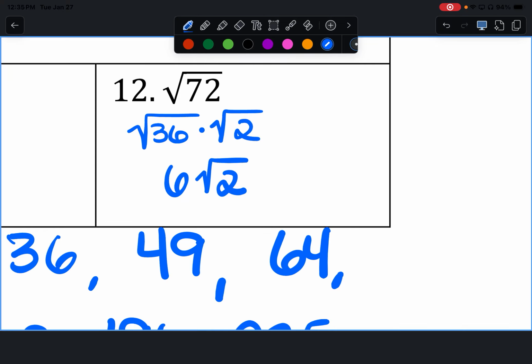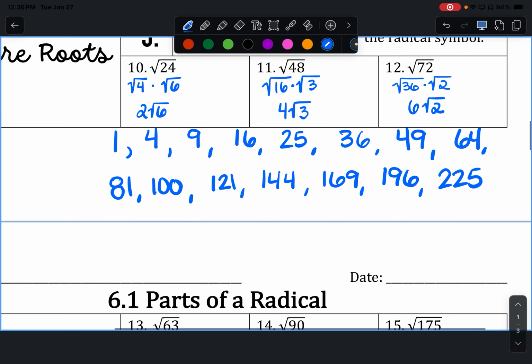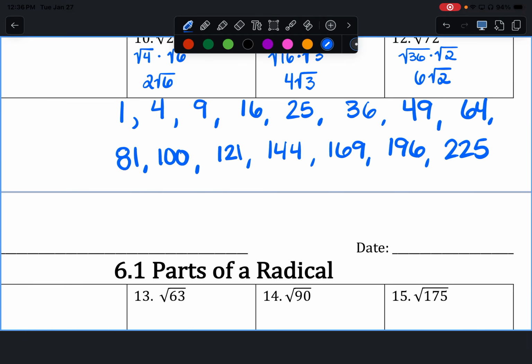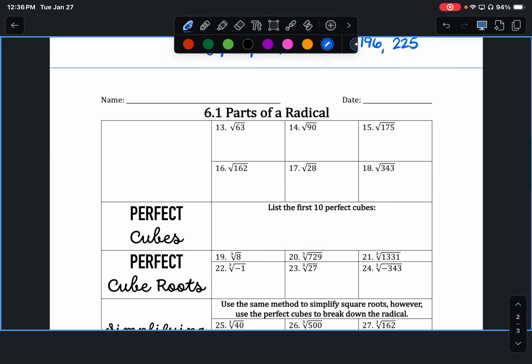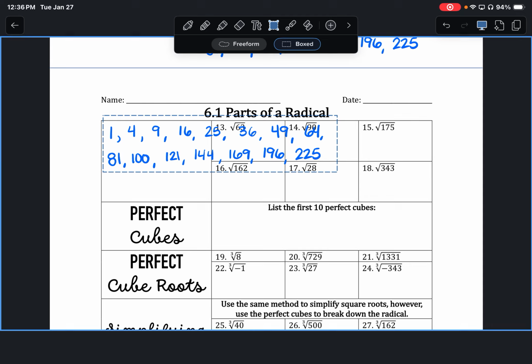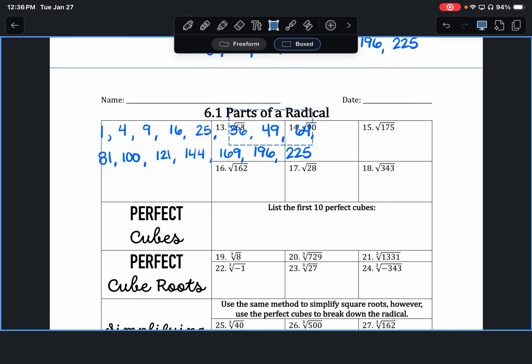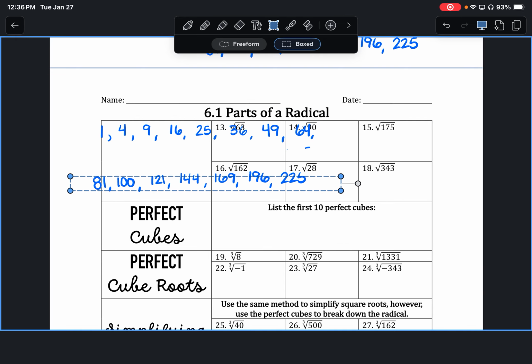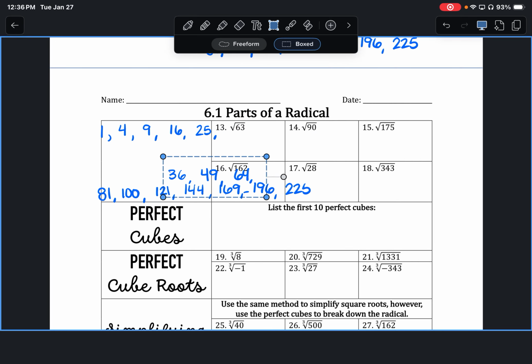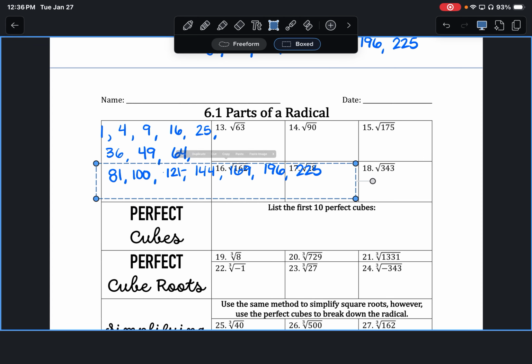All right. So on the back, we're going to do some more of these. Okay. So if you need to, at the top of your page, if you need to write out your perfect squares again, write them. Okay, I want you to make sure you have them.